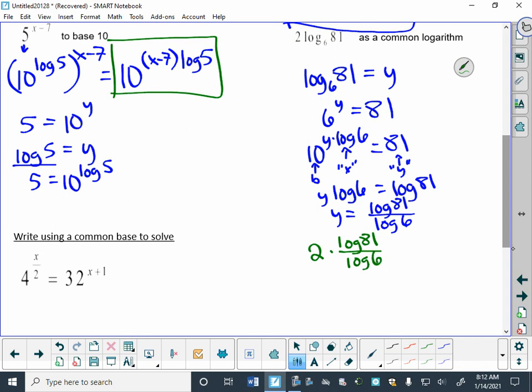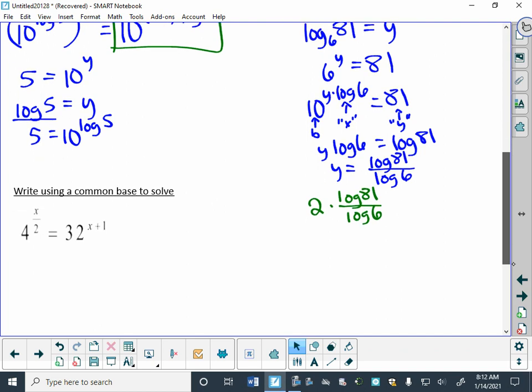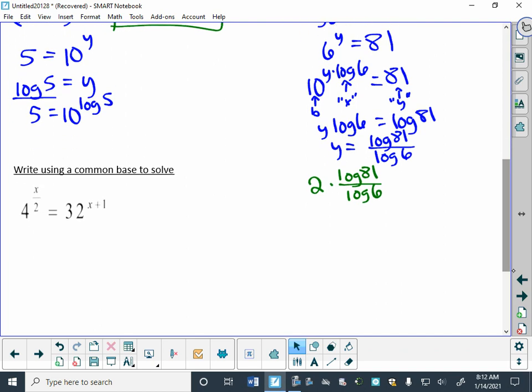Okay. Probably even could do a little bit more manipulation in there, but that has rewritten it as a common logarithm. Okay. And I'm going to throw in here that there is a formula for this, called the change of base formula.